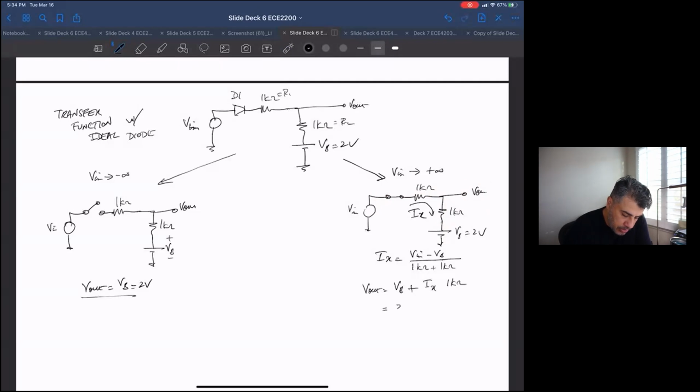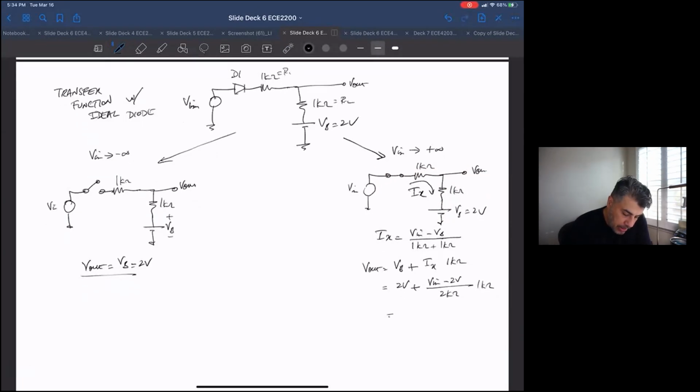So it's equal to 2 volts plus V in minus 2 volts over 2 k ohm times 1 k ohm, which is 2 volts plus 1/2 V in minus 1/2 of 2 volts, so that's 1 volt. So it's 1/2 V in plus 1 volt.